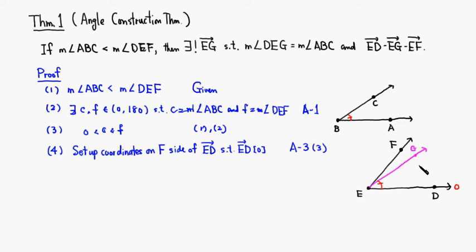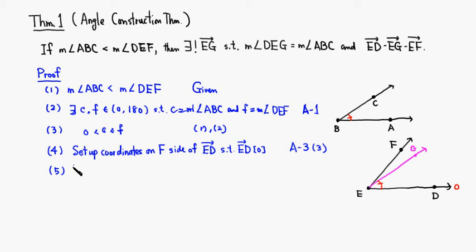And then the next step would be, since we want to match the measure of the angle DEG to ABC, we want the ray EG to have the same coordinate as the measure of angle ABC.